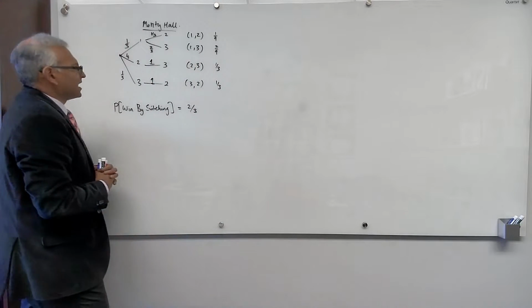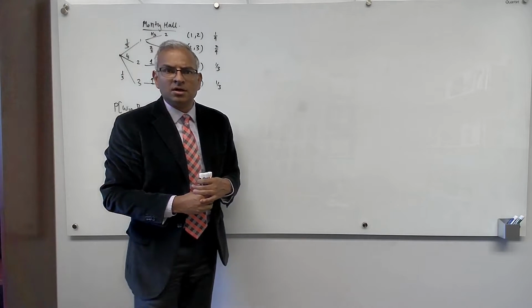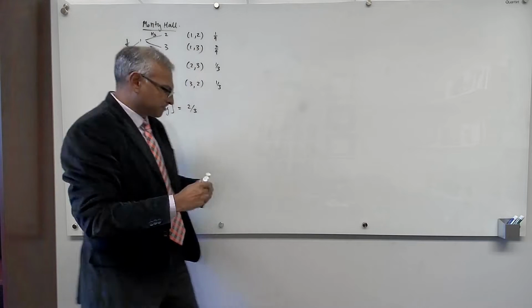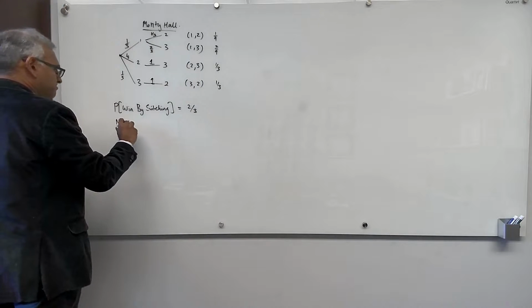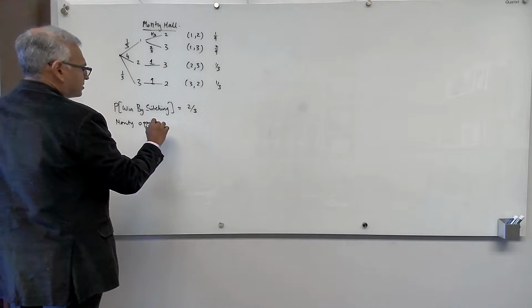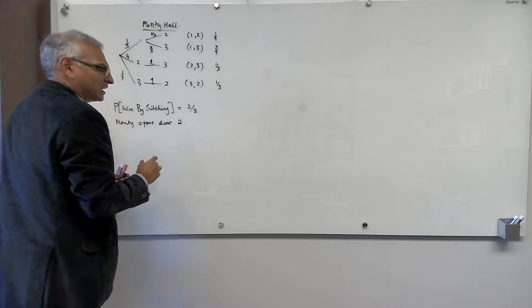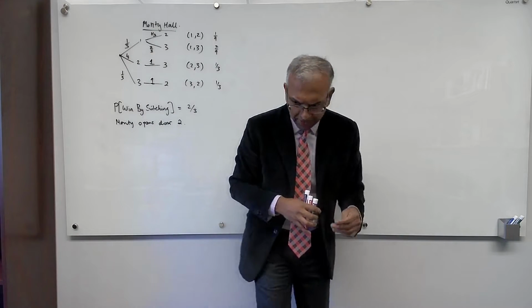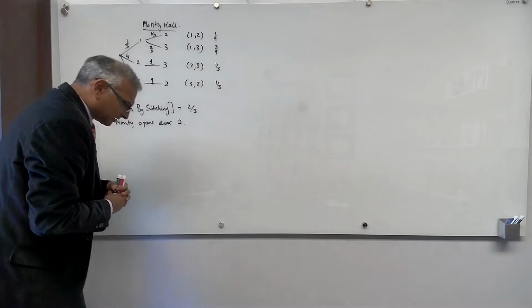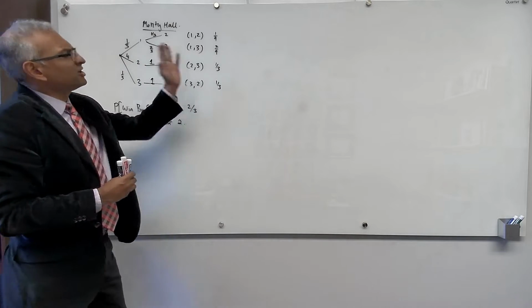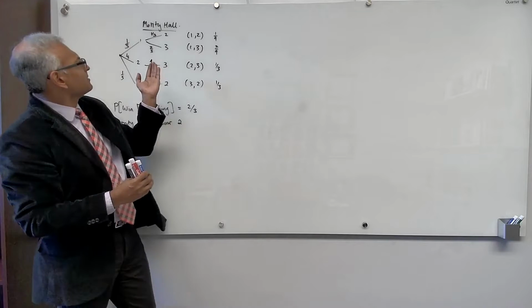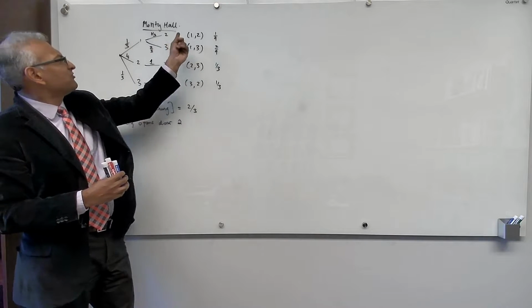You're playing the game, and Monty opens door 2. I claim you should be jumping up and down for joy. Why? Well, Monty prefers door 3, because if both doors were available, he prefers door 3.